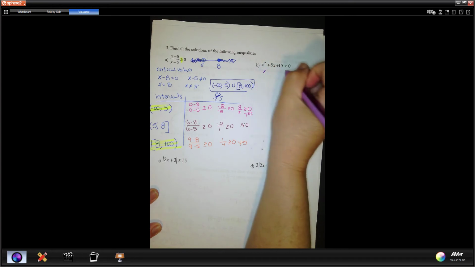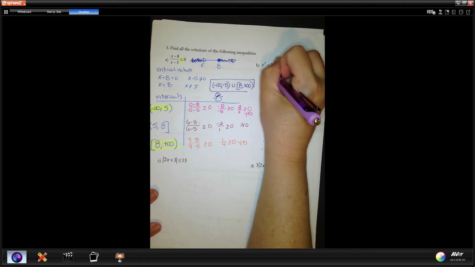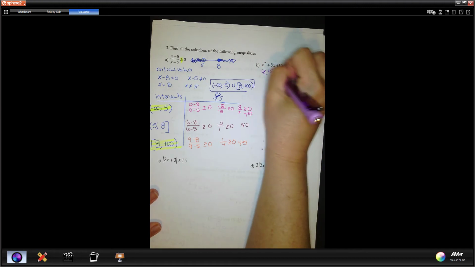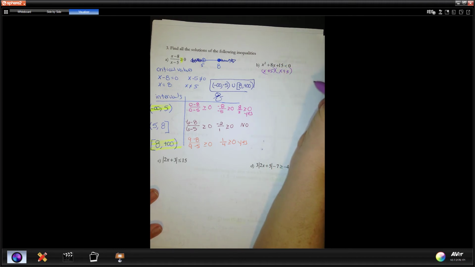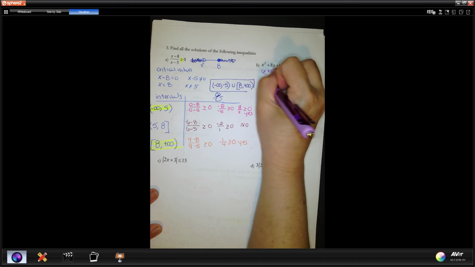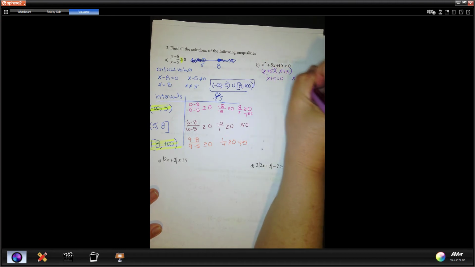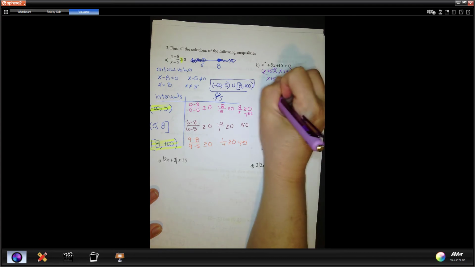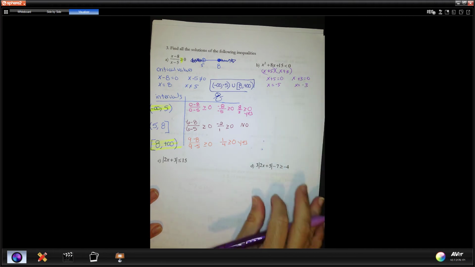So what are two numbers multiplied together, that's 15, that add to be 8? And hopefully we realize that would be x plus 5, x plus 3. So then our critical values, we've got x plus 5 equals 0, x plus 3 equals 0. So x equals -5 and x equals -3.